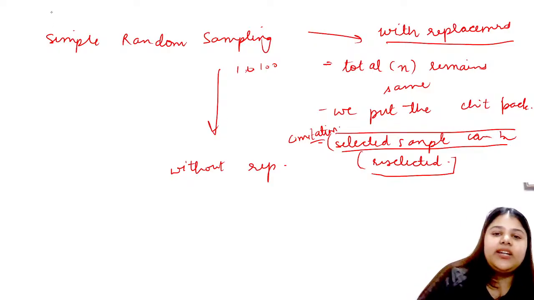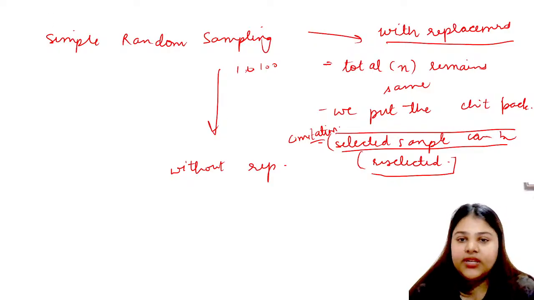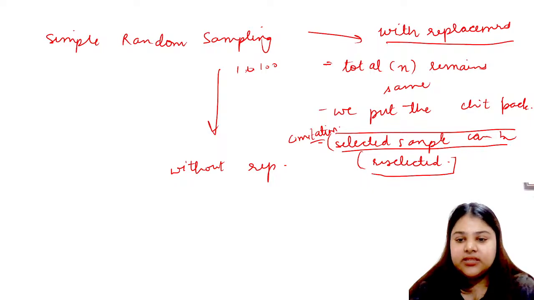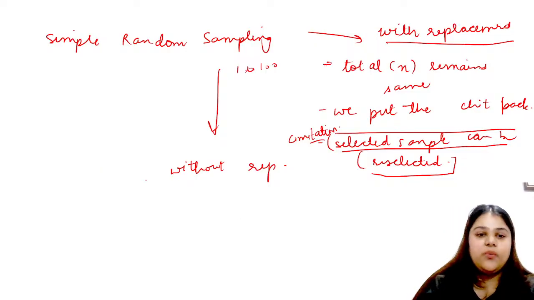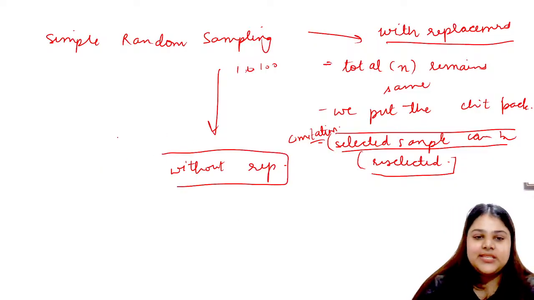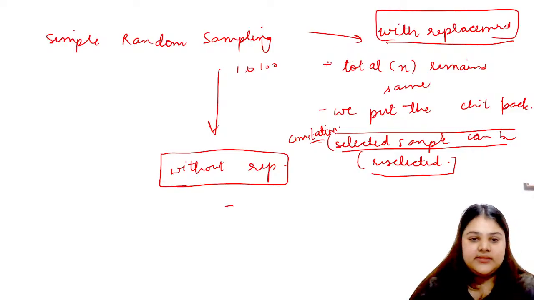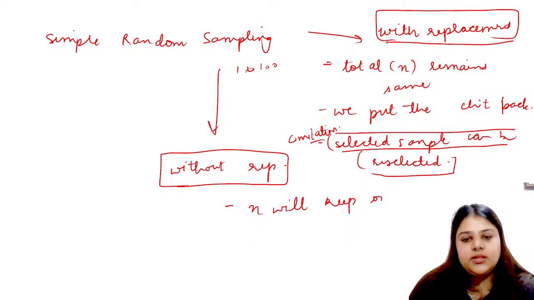Clear everyone what is with replacement? Because we want the total number, we want the n to remain the same. That is why we are putting the chit back. Clear? Should I move to without replacement? Okay. Now without replacement will basically be that the n will keep on reducing.